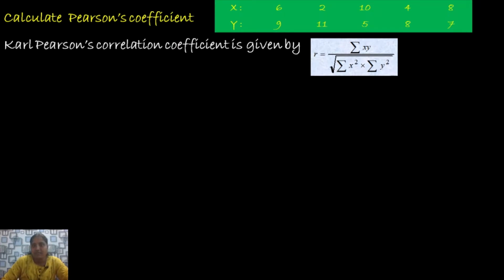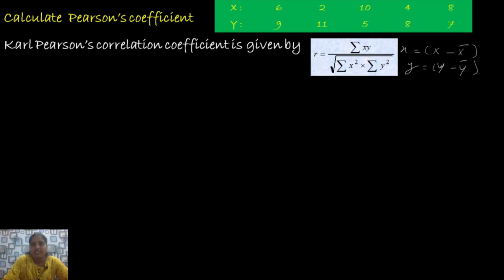So, the coefficient of correlation is given by r is equal to sigma xy over under root sigma x square, sigma y square. Here x is nothing but x minus x bar, and y is y minus y bar.